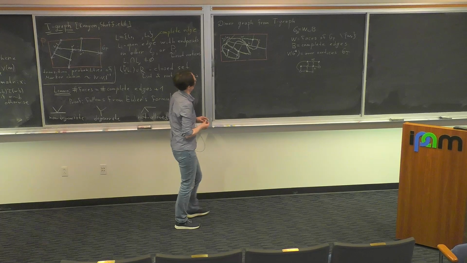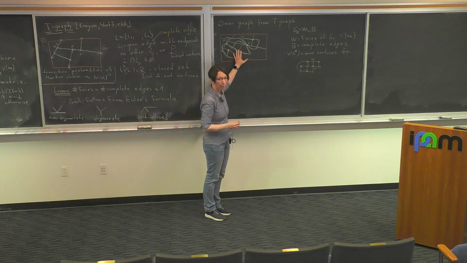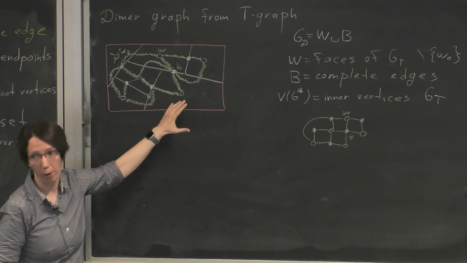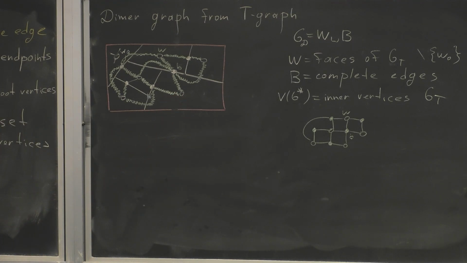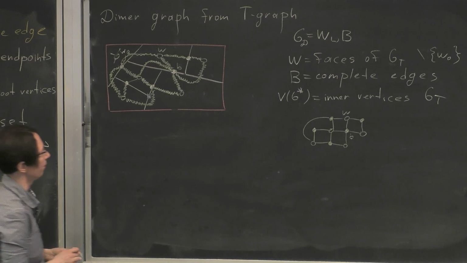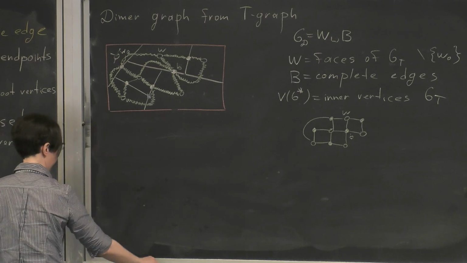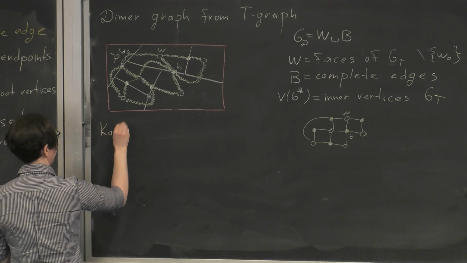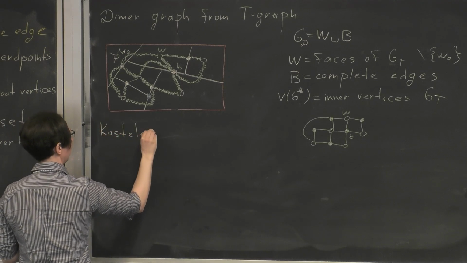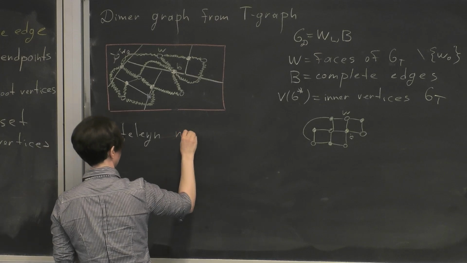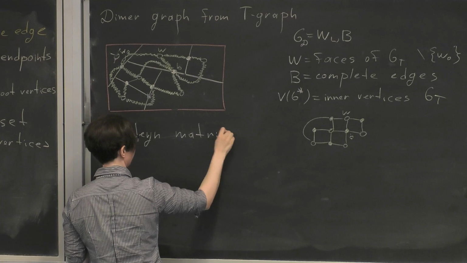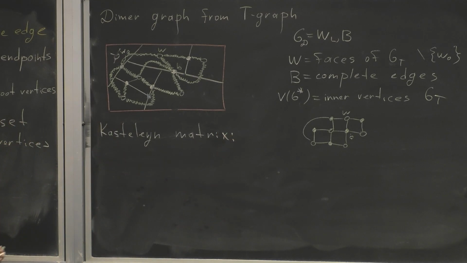So now we have a bipartite graph given the T-graph, but we can also define weights on edges using the geometrical picture of a T-graph. So let us define the Kasteleyn matrix as follows.